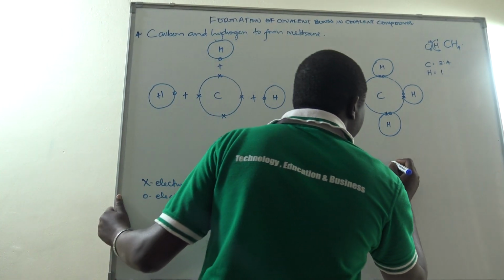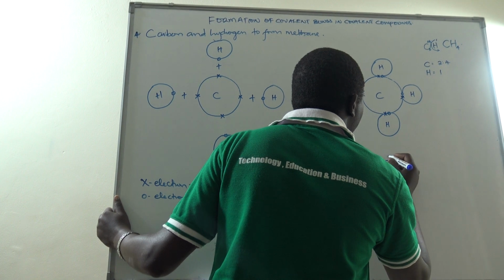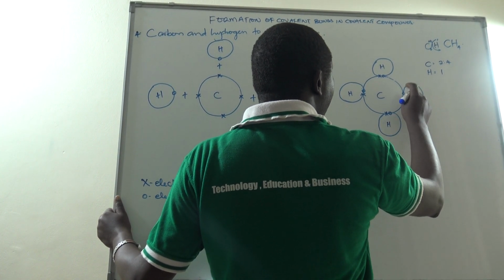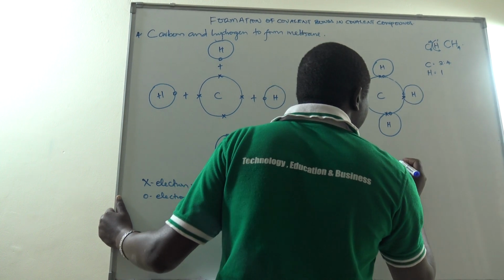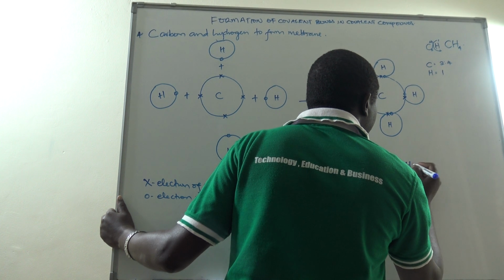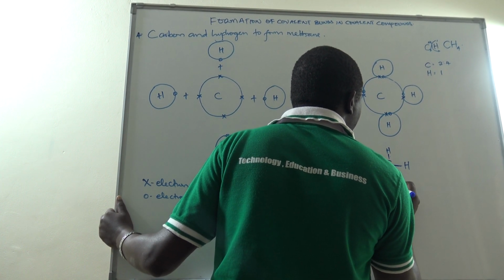So we have this carbon atom and it is bonded to 4 hydrogen atoms. And here, where we have a bonding pair of electrons, that one is a single covalent bond which has been formed. Hydrogen, hydrogen, hydrogen, and hydrogen.